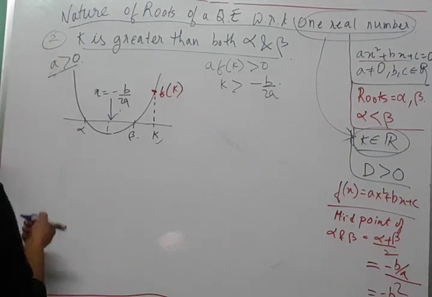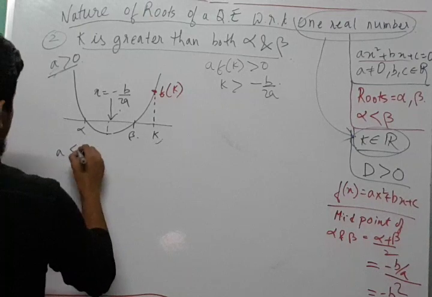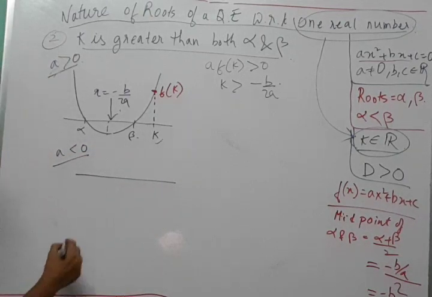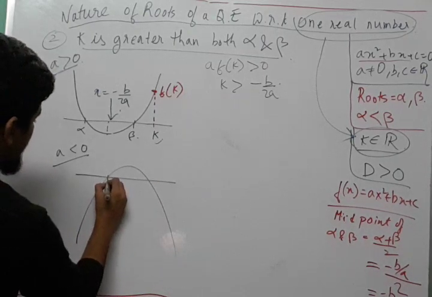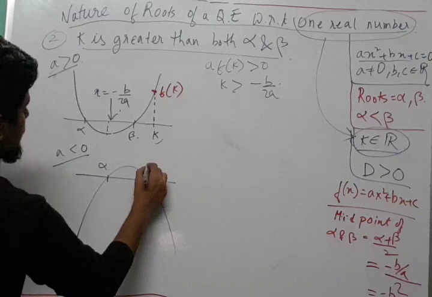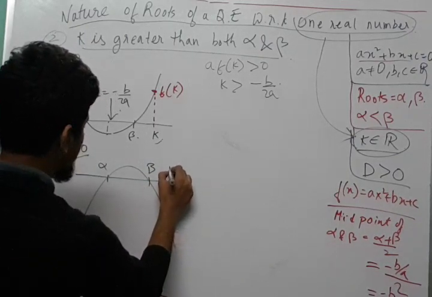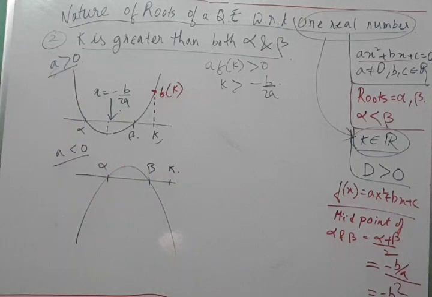Similarly, we'll try to draw the graph for a is less than 0. Now if a is less than 0, and if this is the x-axis and we have the curve somewhat like this, so this will be alpha and this will be beta, and we have k somewhere around here, since k is greater than both alpha and beta.